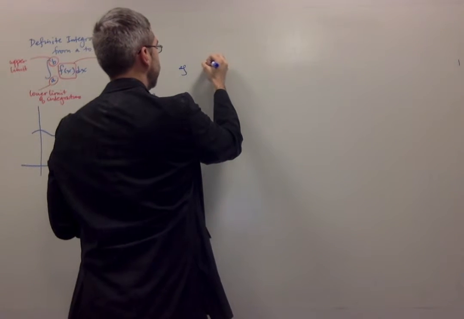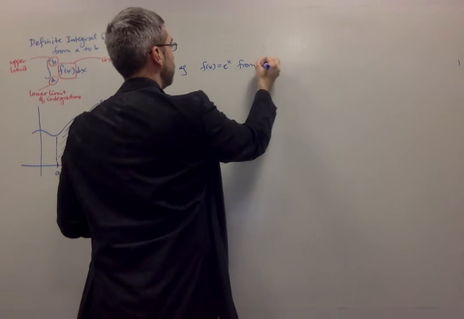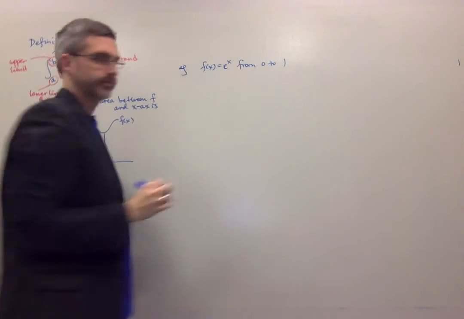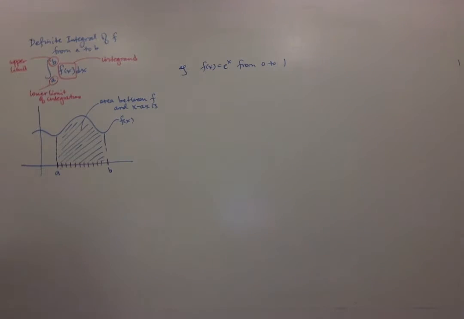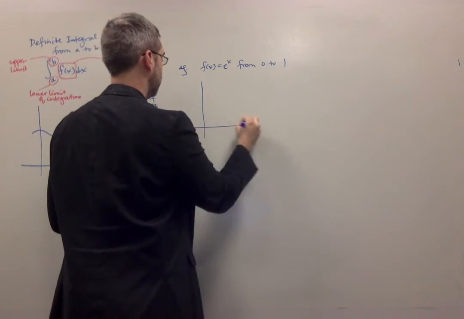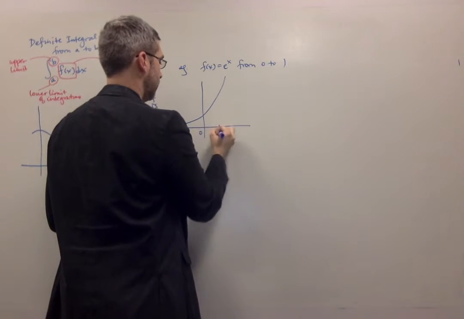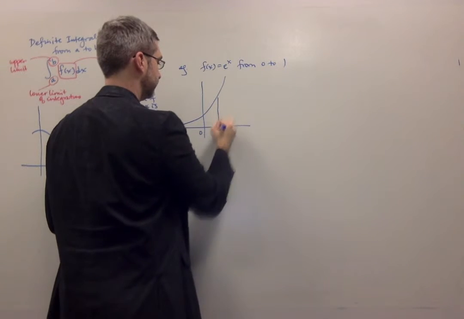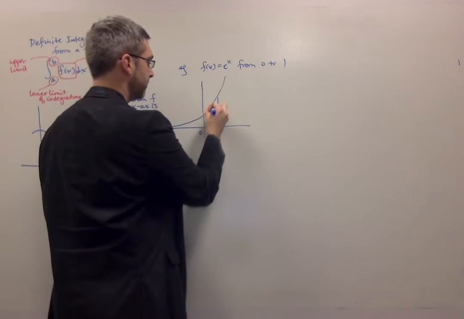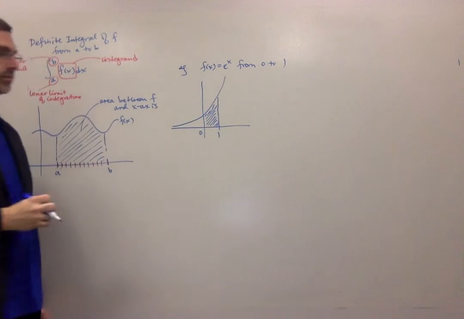Okay, so for example, let's take the function e to the x from 0 to 1. So let me draw this just for a second. So remember, e to the x goes like this, and I'm going from 0 to 1. So the area that I'm interested in is this area right here. Okay.